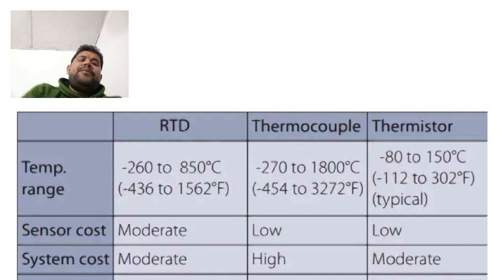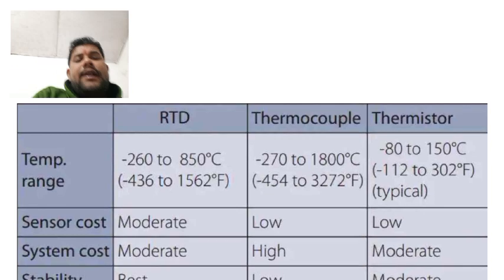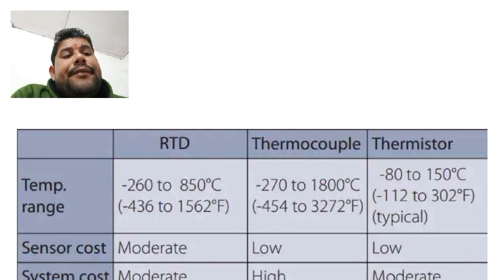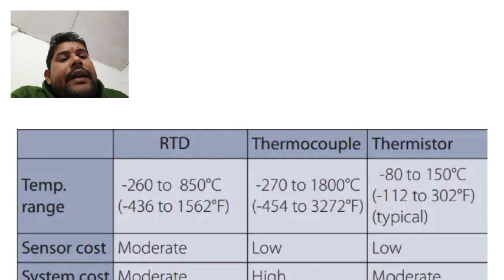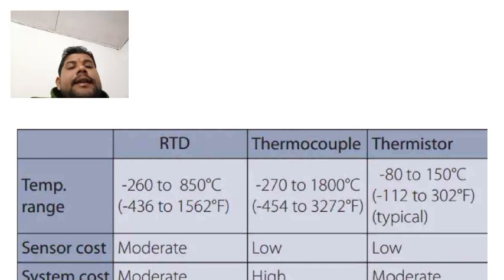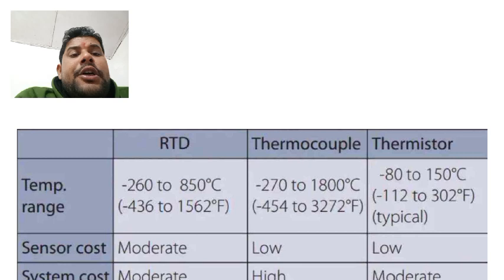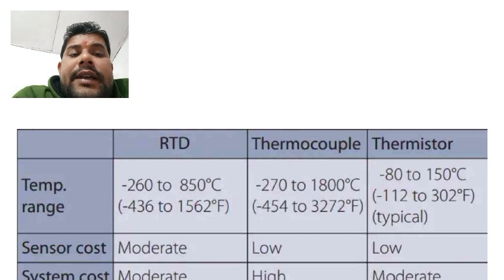This is important. Generally, they will ask you to differentiate between the thermistor, RTD, and thermocouple. So first we will discuss the difference in temperature ranges. Generally, the RTD temperature range is minus 260 to 850 degrees Celsius.